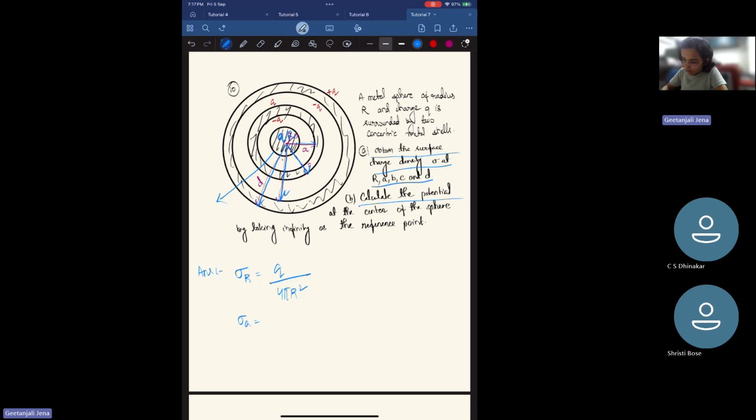So sigma A will be minus Q by 4 pi A squared. Sigma B is Q by 4 pi B squared. Sigma C is minus Q by 4 pi C squared. Sigma D is Q by 4 pi D squared.